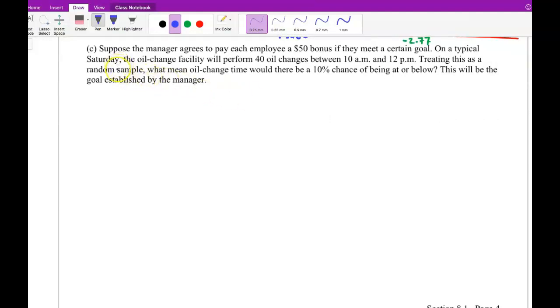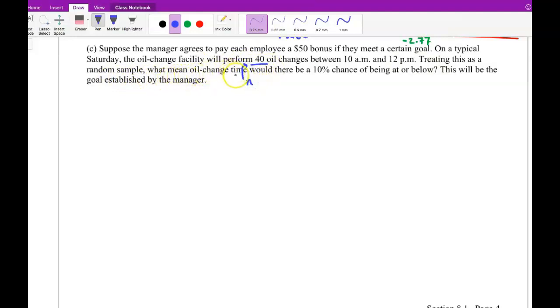Okay, now part C. Suppose the manager agrees to pay each employee a $50 bonus if they meet a certain goal. A typical oil change facility will perform 40 oil changes between 10 a.m. and 12 p.m., treating this as a random sample.